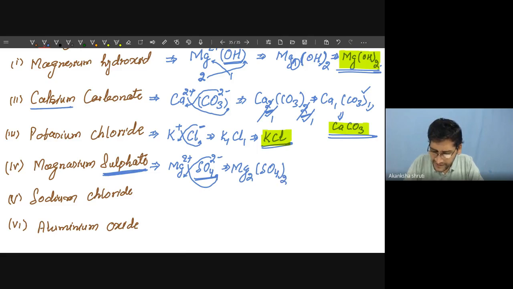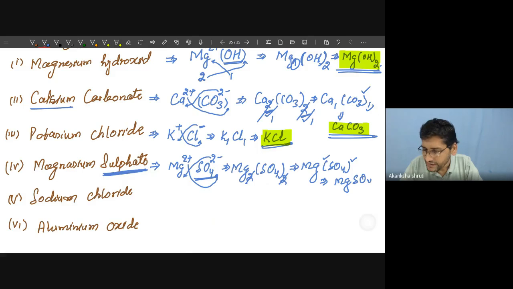But here these 2 and these 2 are common, so these 2 can be left, meaning Mg as 1 and SO4 also as 1. When SO4 is only one time, I can leave this bracket also. So the final formula is MgSO4 even without bracket. This is our final answer.